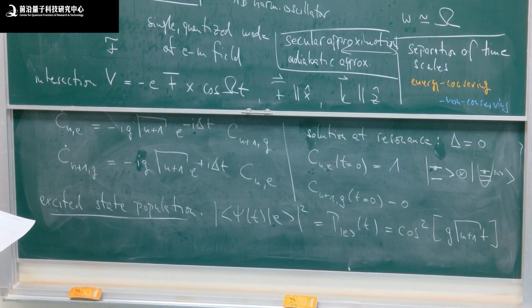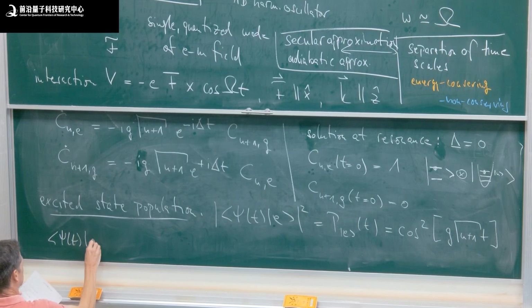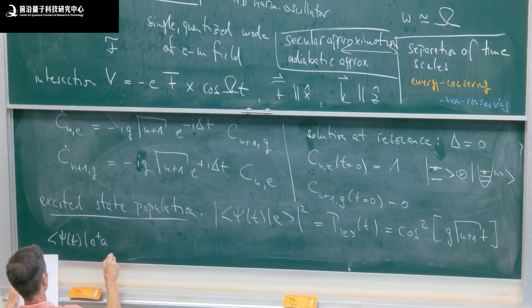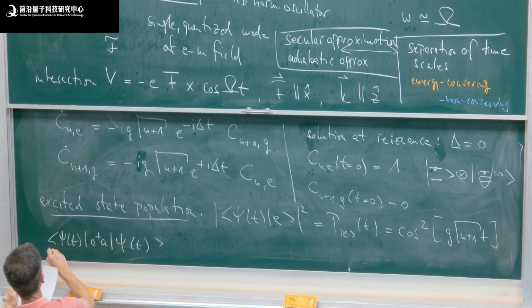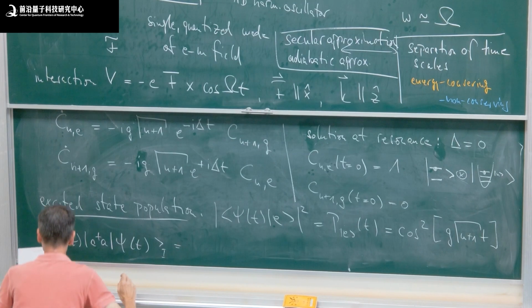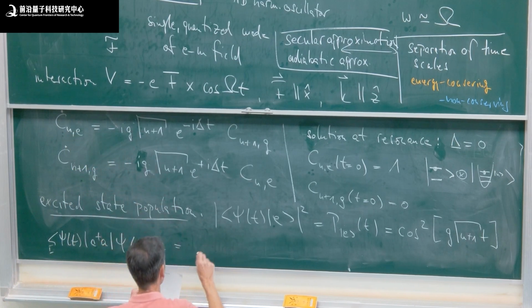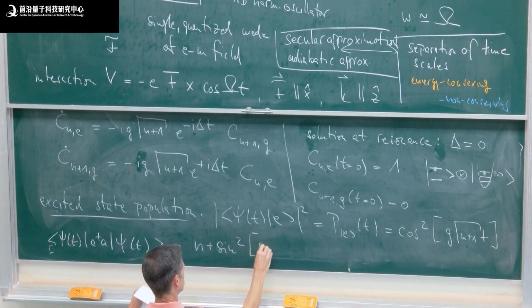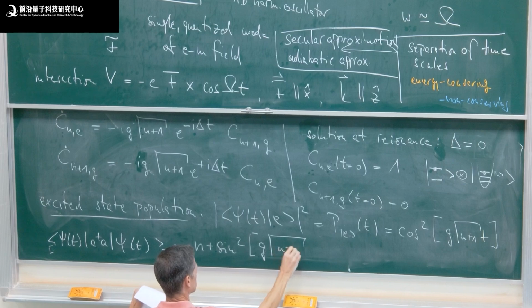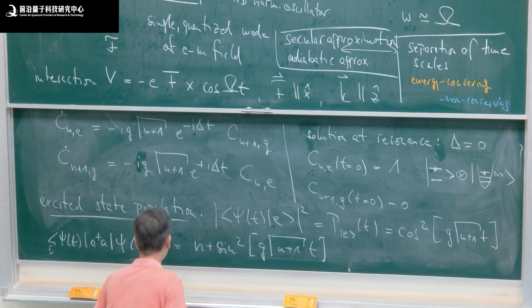And another quantity which is interesting is the number of photons in the field mode. So this would be the expectation value of a dagger a, which is the photon number operator. So it counts the number of photons, the intensity, if you wish, of your field mode. And this gives you n plus sine squared of g times square root of n plus 1 times t.